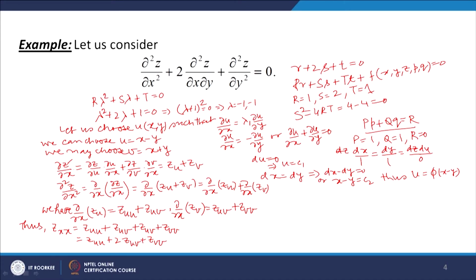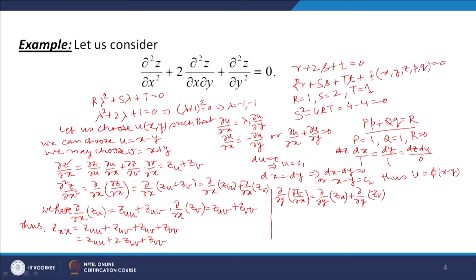Now, let us find this s. We have to differentiate the partial derivative of z with respect to x with respect to y. So, let us differentiate. Delta over delta y of delta z by delta x is equal to partial derivative of z_u with respect to y plus partial derivative of z_v with respect to y.